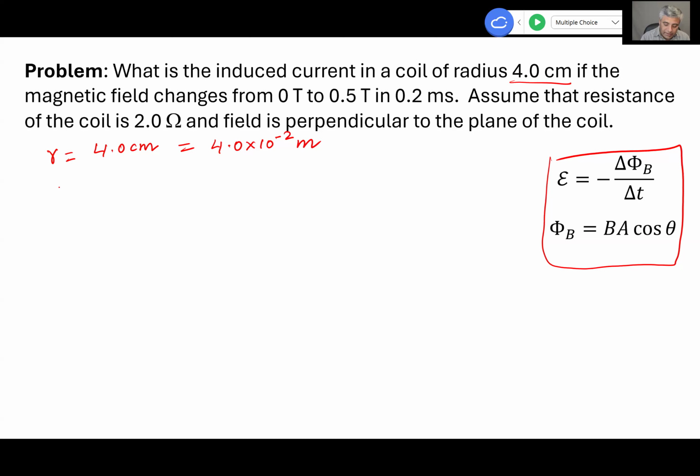And here magnetic field is changing. So what is changing? Magnetic field. So I'm writing that: B final minus B initial. Final is 0.5 Tesla and initial is 0 Tesla, means it is 0.5 Tesla. So here flux is changing because magnetic field is changing.